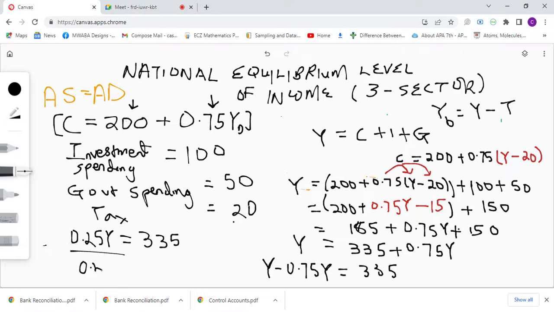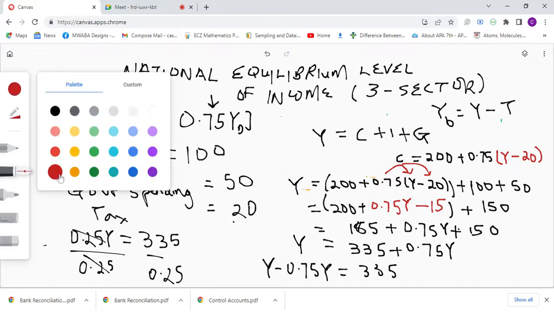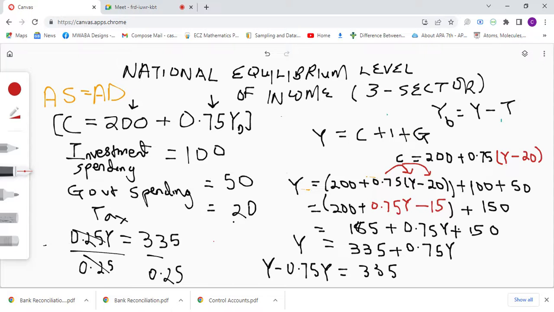So we divide both sides by 0.25. 335 divided by 0.25, we're going to get 1,340.